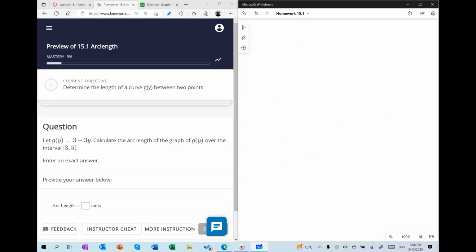Now we are asked to switch the direction, so we are given a function g of y. Let me write it carefully here.